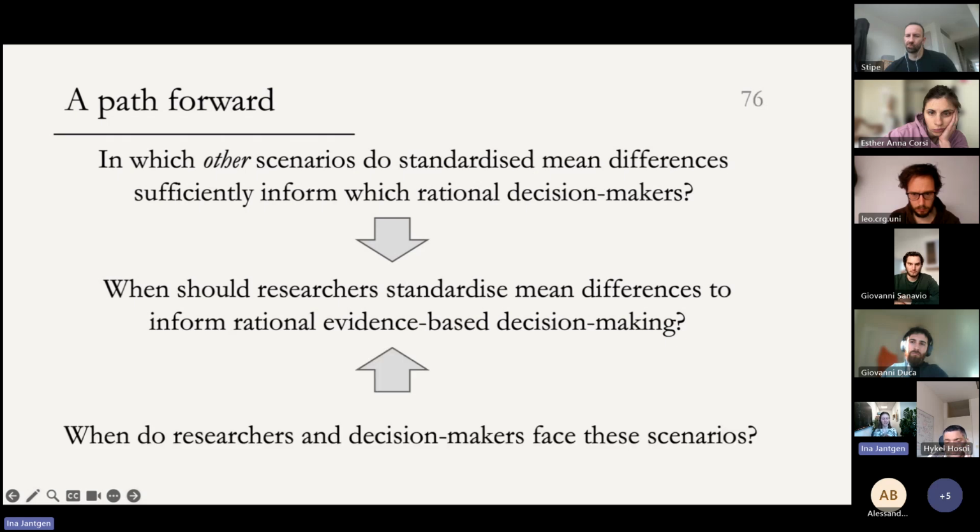And then, of course, we should ask, when do researchers and decision makers actually face these scenarios? And this will involve both philosophical discussion and empirical discussion. On the philosophical side, we should, for instance, ask, when, if ever, are we justified in being certain about measuring a property quantitatively?